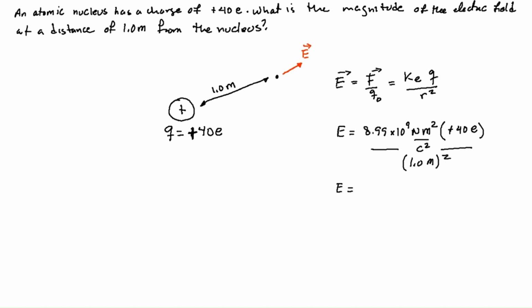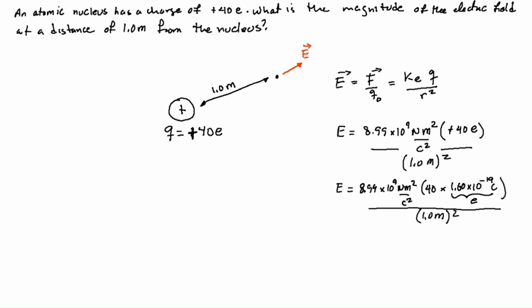It is the charge of the electron or the charge of the proton, that is 1.6 times 10 to the negative 19 coulombs. So we say this is 8.99 times 10 to the 9 newtons meter squared over coulomb squared times 40 times 1.60 times 10 to the negative 19 coulombs, because this is what E is, divided by 1.0 meters squared.